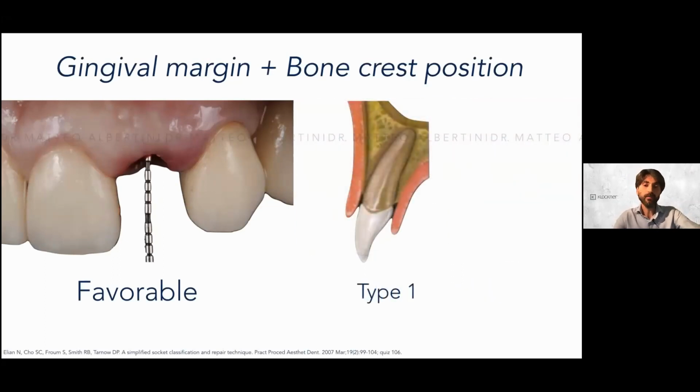If we have an alveolar type 1 with no bone loss and a coronal position of the gingival margin according to the future restoration, we are in a favorable situation.